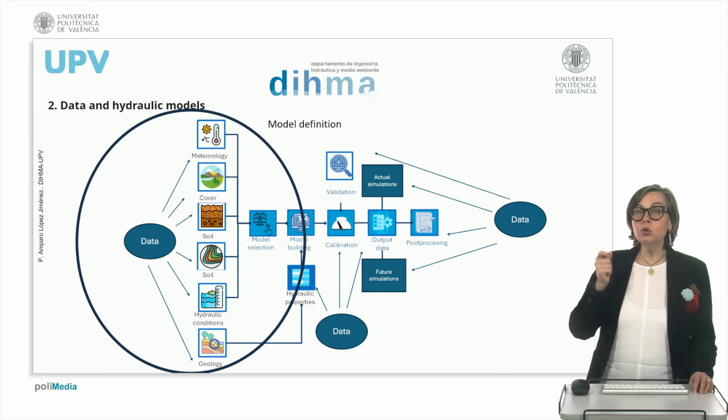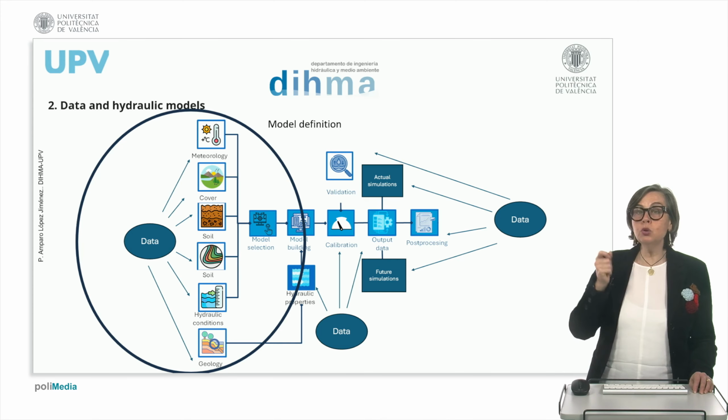We have to give solutions for any aspects, and we need to calibrate the model to see that it is happening as data says, and to validate the model. So we need data for calibration and validation aspects when we run the model until we decide that the model is well calibrated and it can be used for future decision taking.